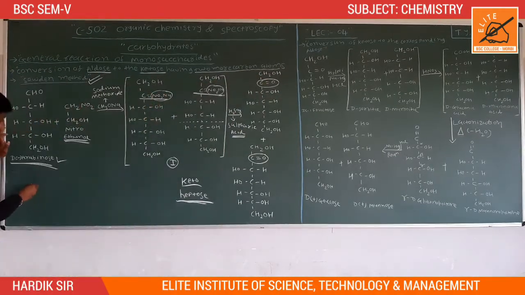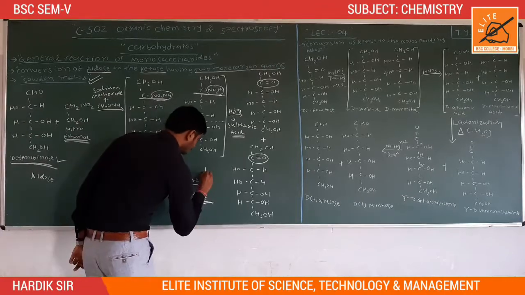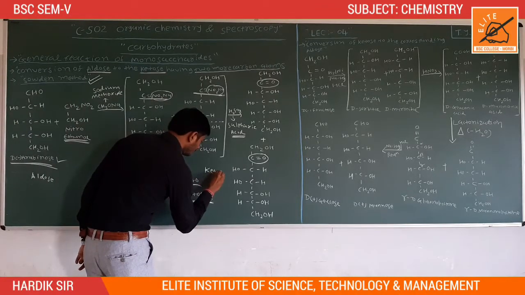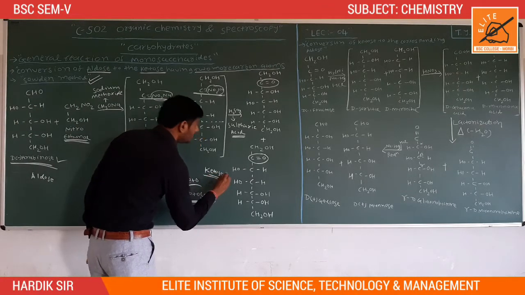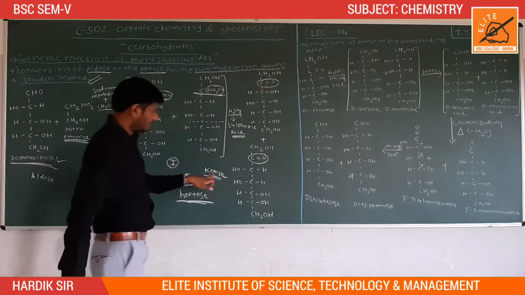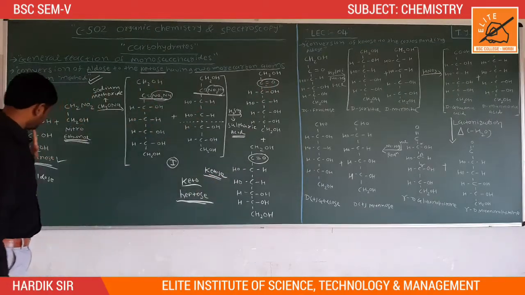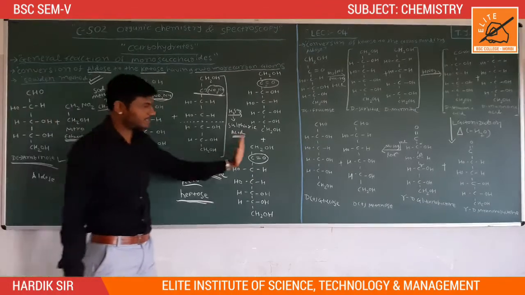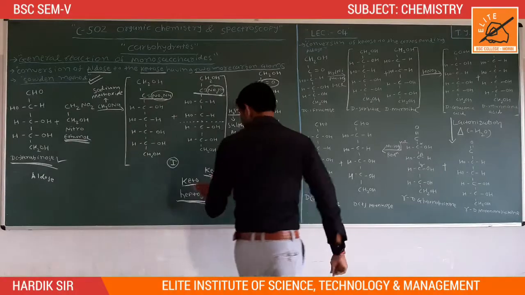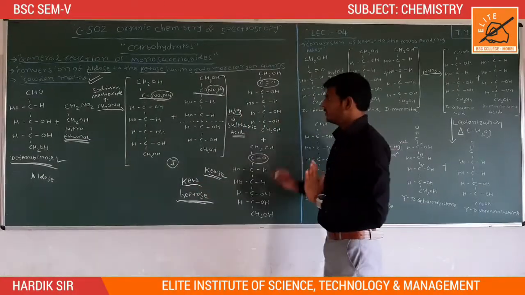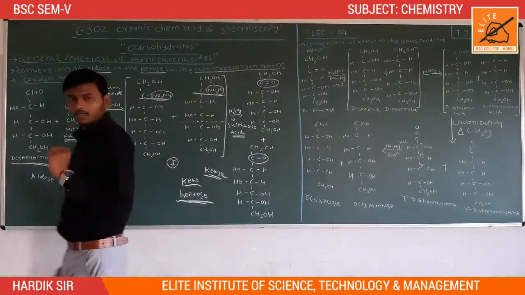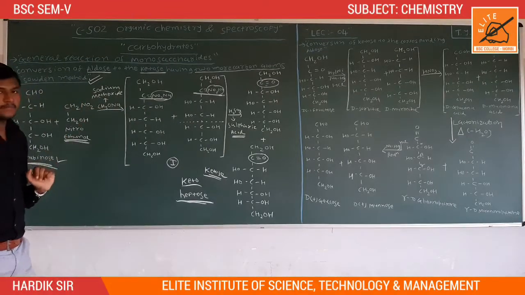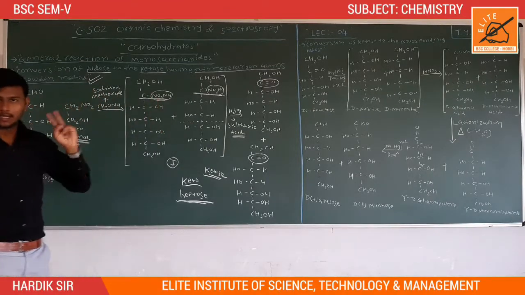This is the aldose, and this is the ketose, because of the carbonyl group. Our reactant has 5 carbon atoms and our product has 7 carbon atoms. So that is ketoheptose.